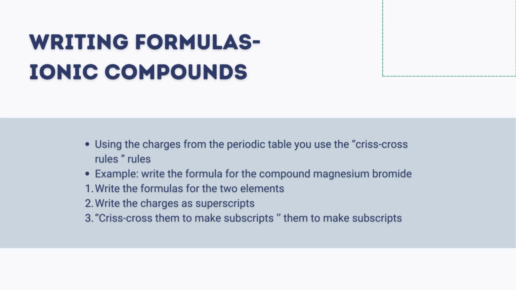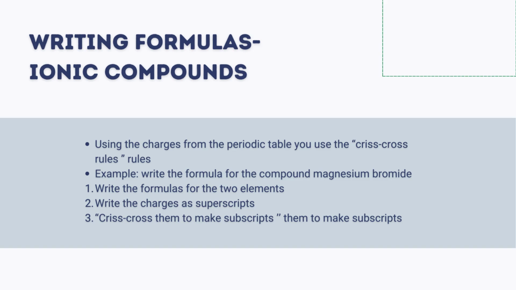For example, magnesium has a charge of positive 2, and bromide has a charge of negative 1.